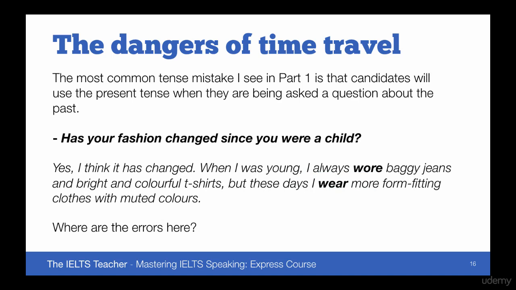So when you are asked a question that has an element of the past about it, I want a little signal to go off in your brain that says, be careful not to use the present at an inappropriate time. Okay, you've got to stay in the past unless it's appropriate to move out of it.